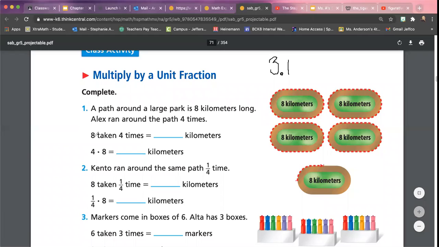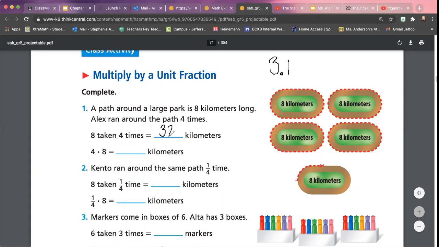Basically, he runs the 8 kilometer track 4 times. How far did he run? Who has any idea on how we would do that? You guys can just go ahead and shout out. 32 kilometers. And how'd you come up with that? I did 8 times 4.